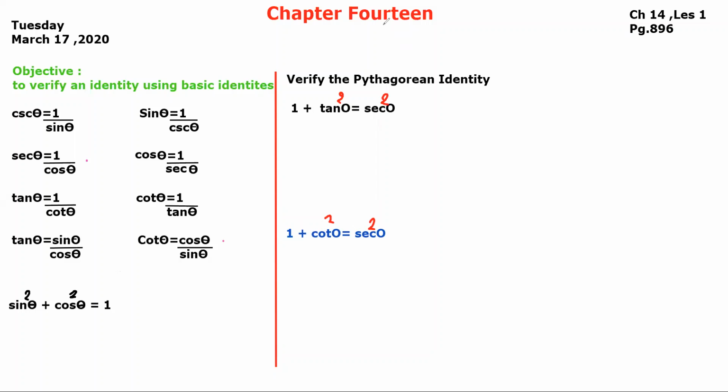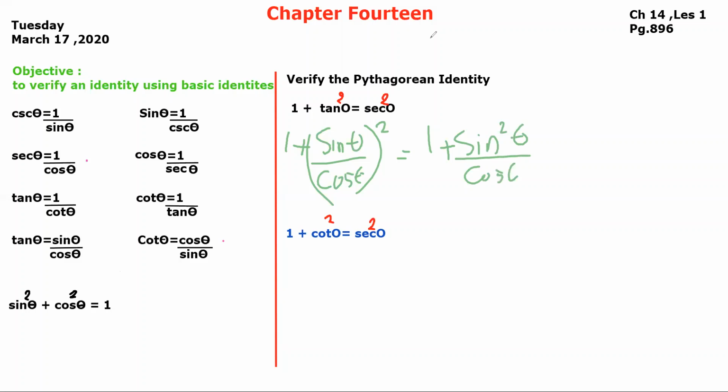Now, 1 plus tan squared, where tan is equal to sine over cosine, squared. It is 1 plus sine squared theta over cosine squared of theta.